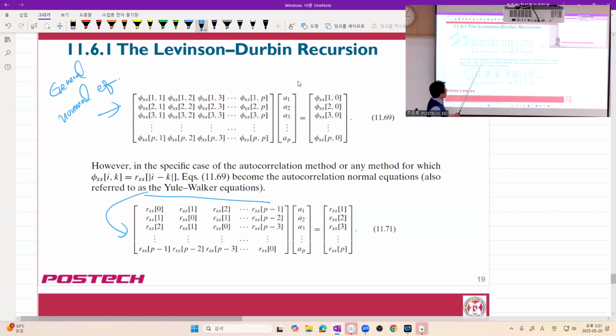By the way, this Yule-Walker equation can be found in many, many cases of adaptive signal processing. So whenever you want to develop some recursive algorithm, your basic model would be your Yule-Walker equation and the Levinson-Durbin algorithm to solve this equation.